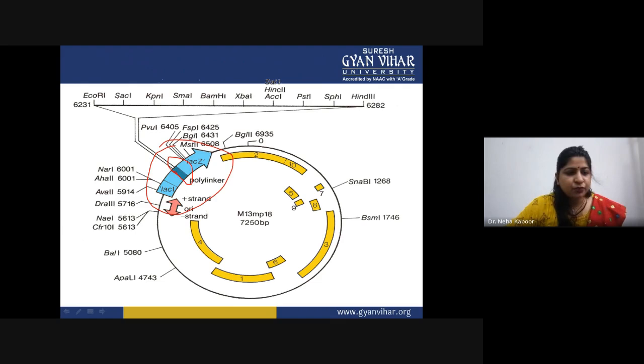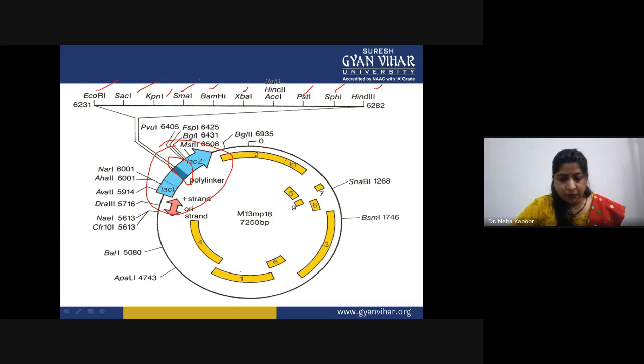If you enlarge this version, there are many restriction sites: EcoRI, SacI, KpnI, SmaI, BamHI, XbaI, PstI, SphI, HindIII. And these are the 10 closely packed genes that I was talking about, that the M13 genome consists of, necessary for replication.